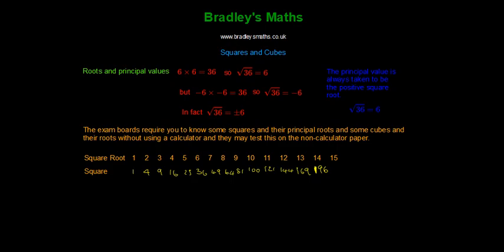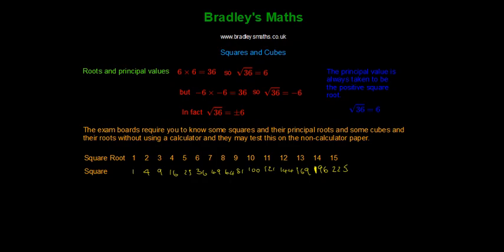And 15 squared is 225. So the square root of 225 is 15. And you are expected by the exam boards to know all of these for a non-calculator paper. So these numbers just have to be there in your head.